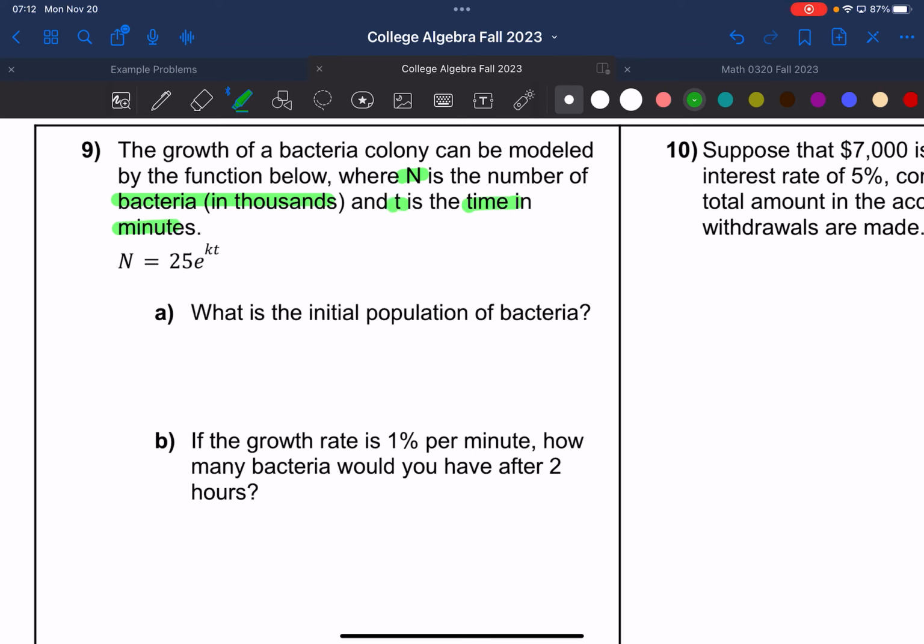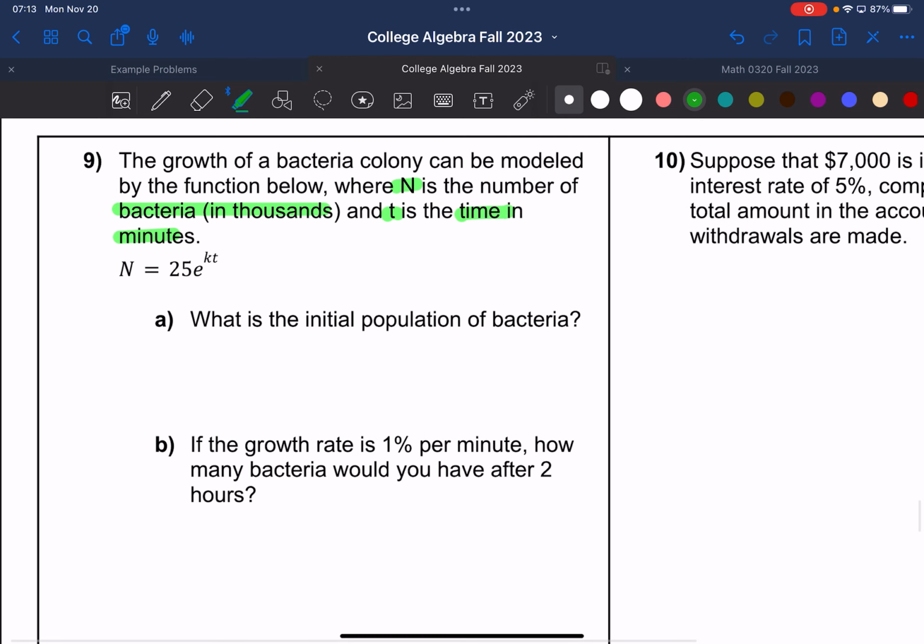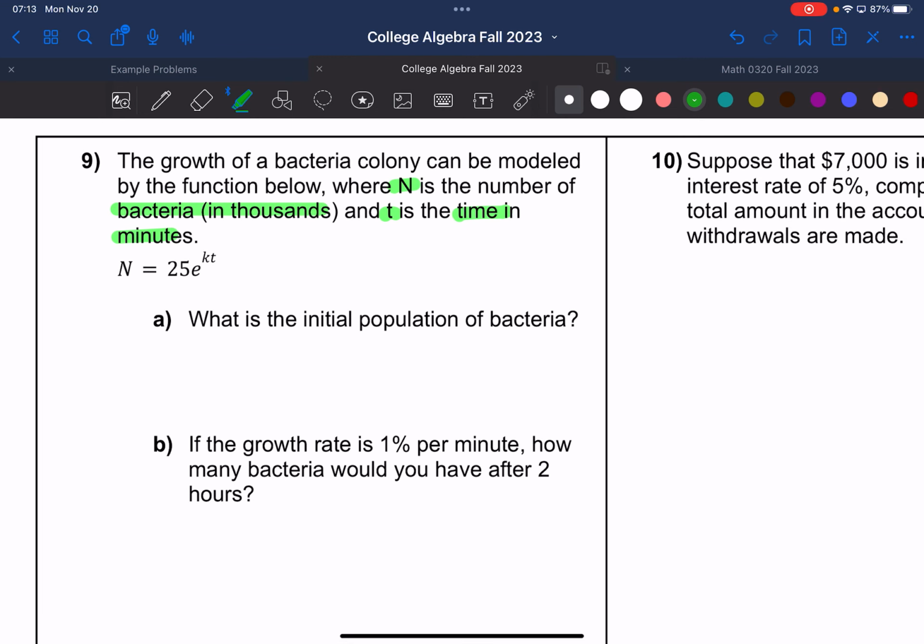So we have n is equal to 25 times e to the power of kt. This asks, what is the initial population of bacteria?